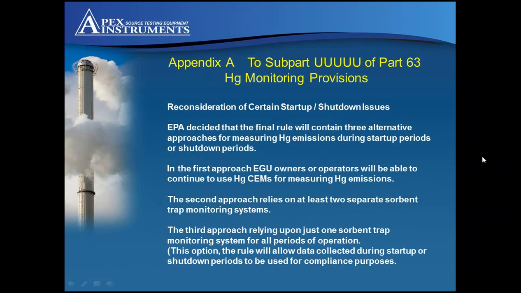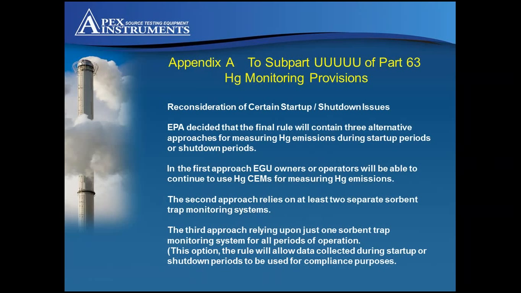What I'm going to do, I'm going to talk a little bit about Appendix A and how that really fits in with the compliance requirements. From the slide that's now on the screen, EPA have issued some reconsideration of certain startup and shutdown issues, and the final rule will contain 3 alternative approaches for measuring mercury emissions during startup or shutdown periods.